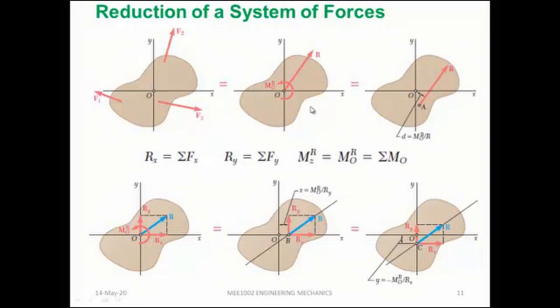Now this can also be reduced into components. You can split into components Rx, Ry. We can also write it this way. Now we can move this in the X axis alone or the Y axis alone. So if you are moving this in the X direction, the X distance has to be found out. We are moving it by the X distance. This point P is called the X intercept.